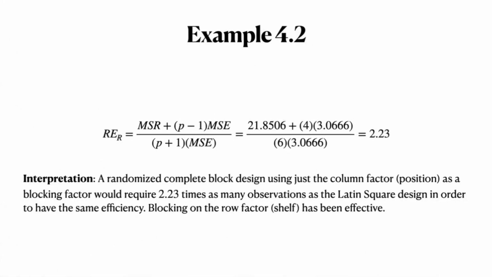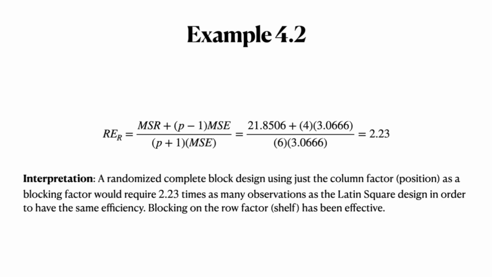Next, we will answer the question, how effective has the row blocking factor, or the shelf, been? We'll be actually quantifying that. We answer that question by calculating the relative efficiency, which compares the Latin square design to a randomized complete block design which uses the column blocking factor as the block, and we're completely excluding the row blocking factor.